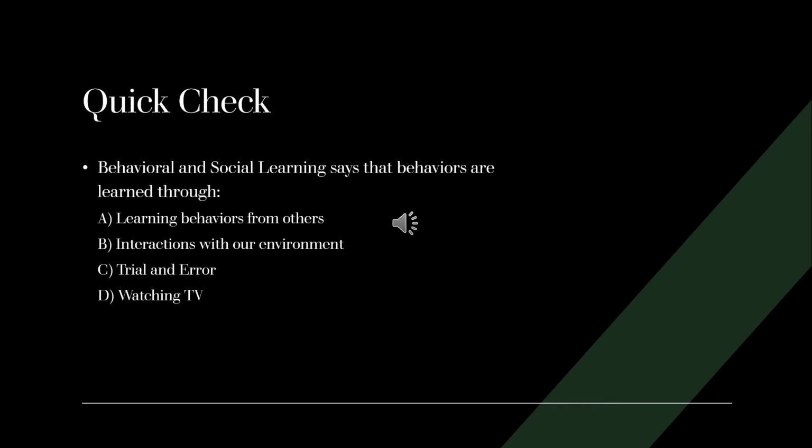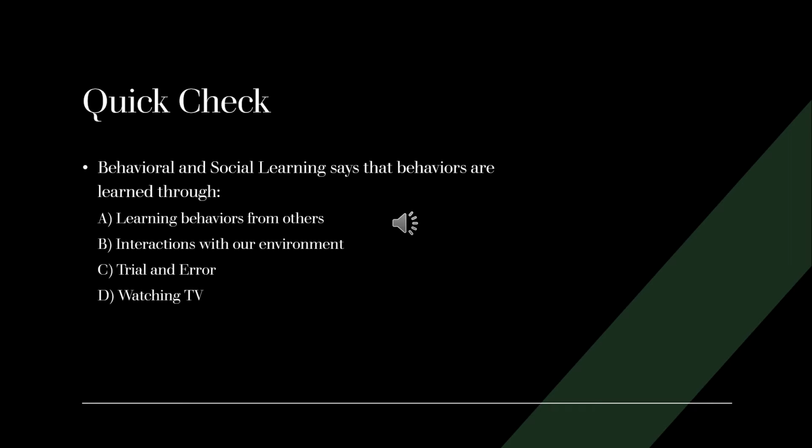Okay, so we have a quick check just to make sure we're on the right track. Take a minute to read through this question and answer choices, and then the answer will be on the next slide.